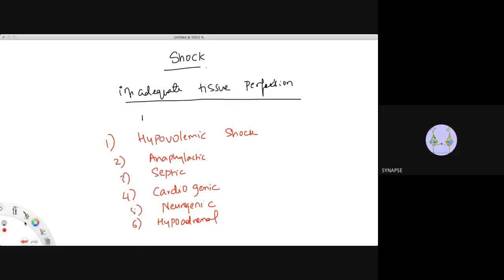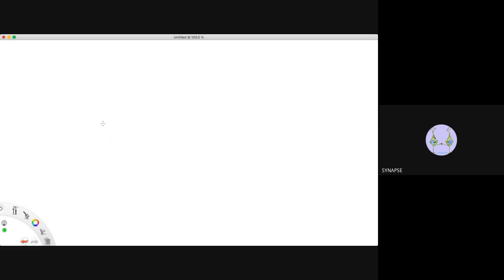So first one we're going to do is hypovolemic shock, which happens to be the most common type of shock that is clinically encountered and the most important type of shock. Let's start with hypovolemic shock. The term hypovolemia means decreased volume.